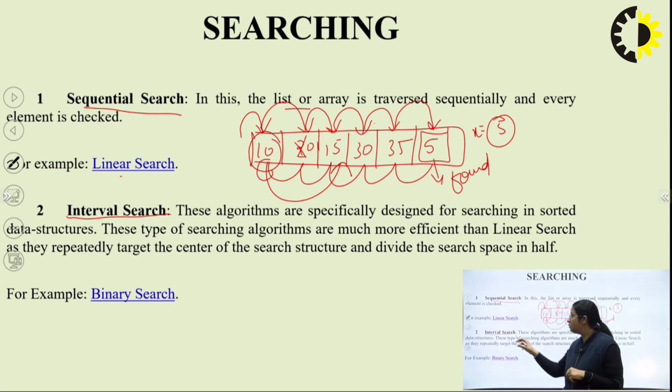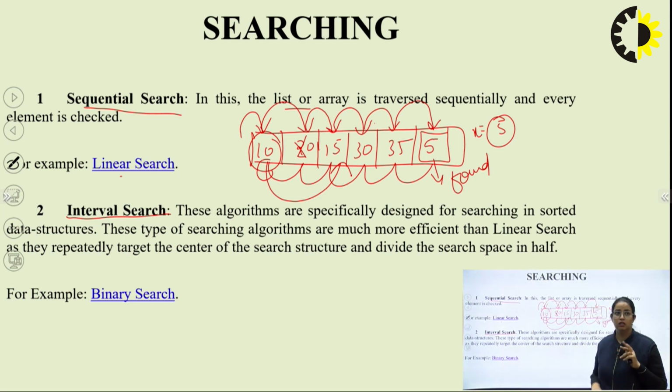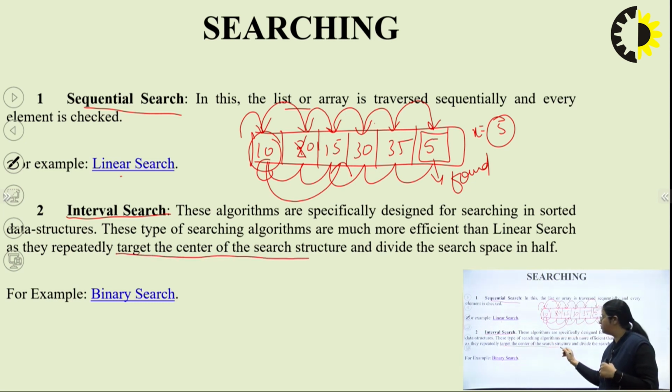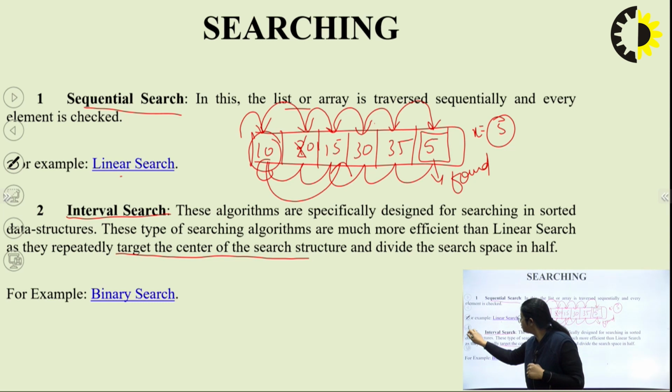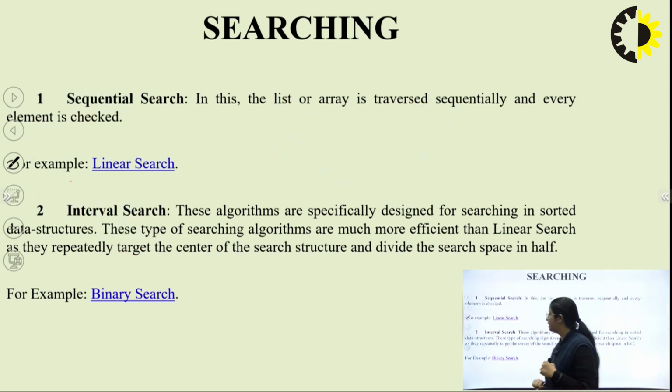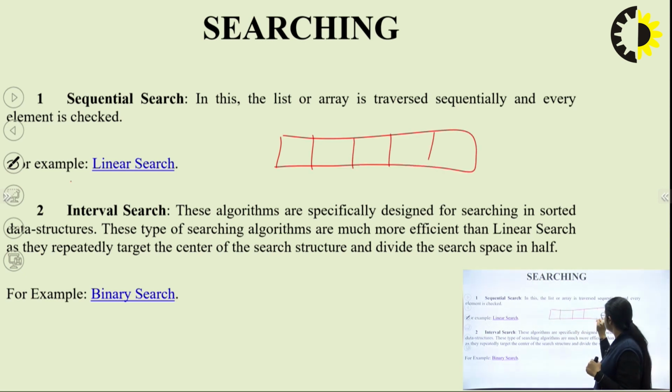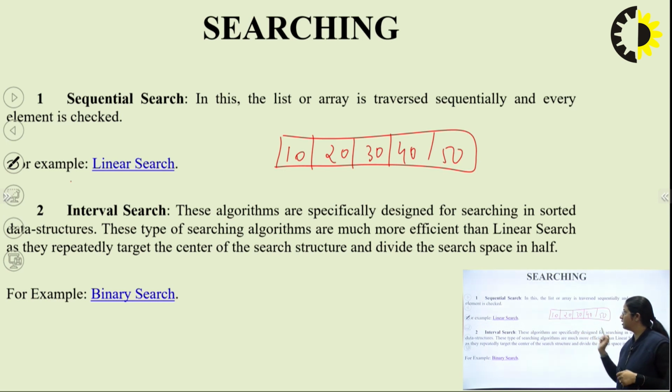Now the second type of search is interval search. What is interval search? Basically it is just the opposite of sequential search. This search targets the center of the search structure. Like, we have an array and in this array we have some elements.